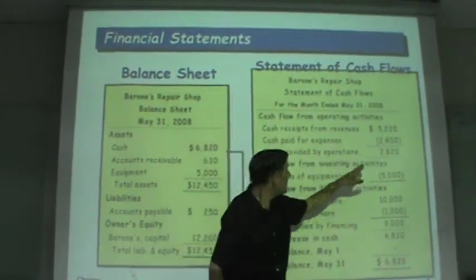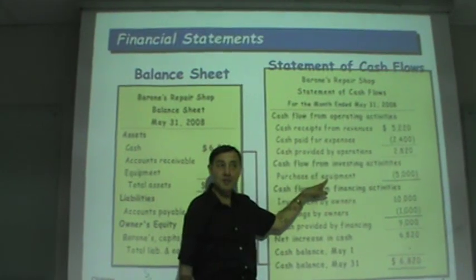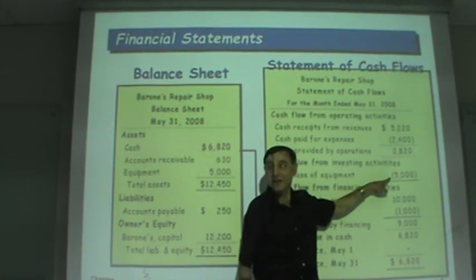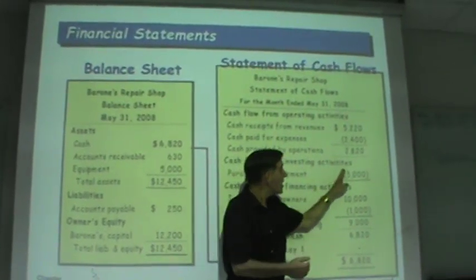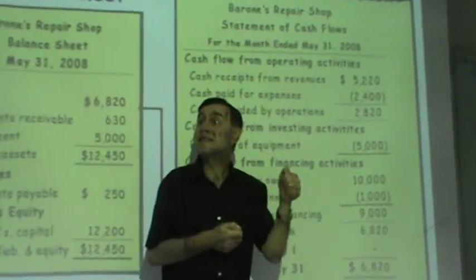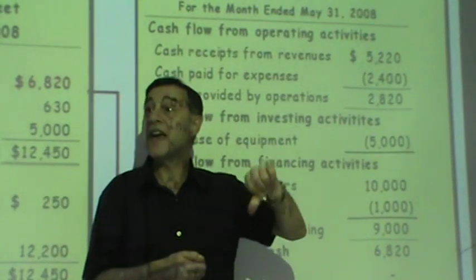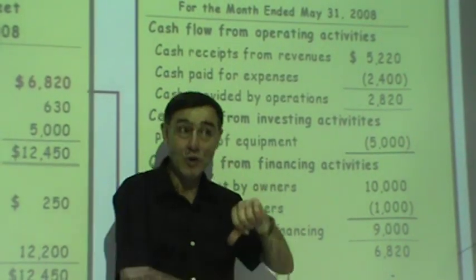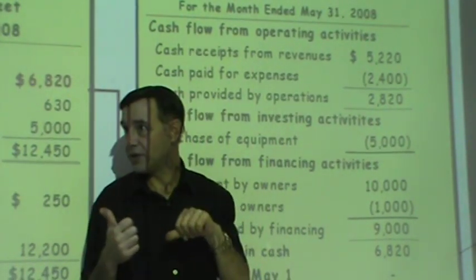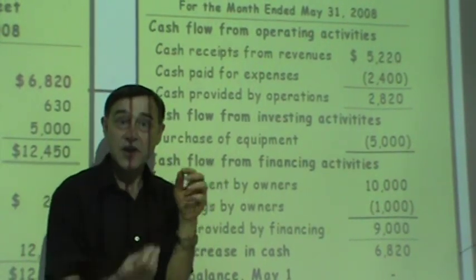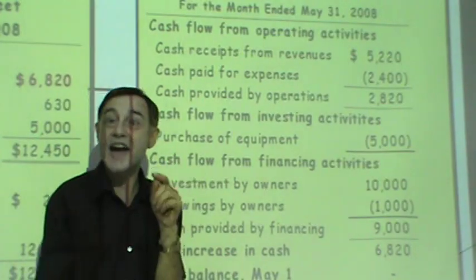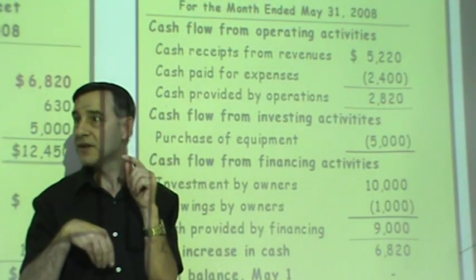Second, cash flow from investing. You purchase equipment. This means you spend money, okay? So the numbers in the bracket mean spending money, cash going out, or we call it cash outflow. All right, let's define this. When money comes in, we say cash inflow.